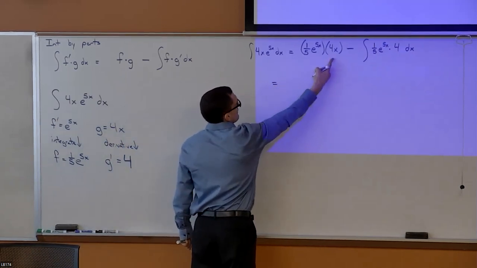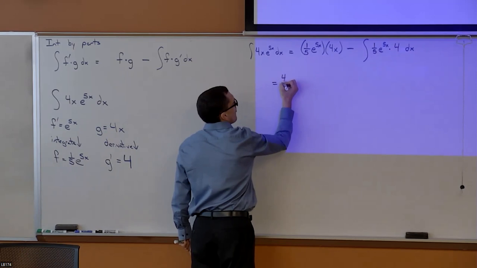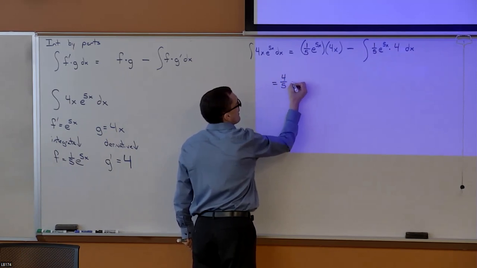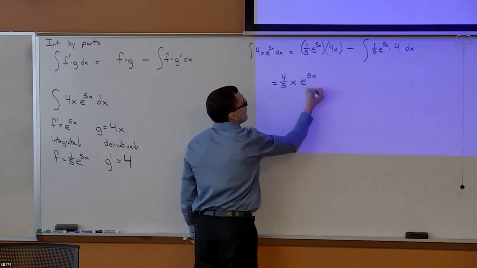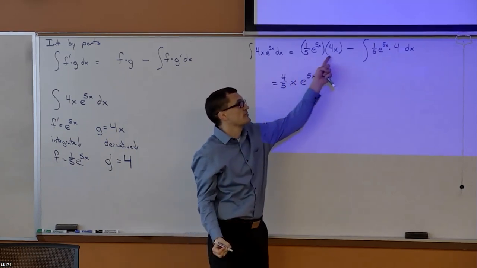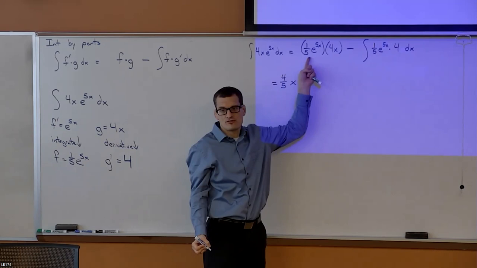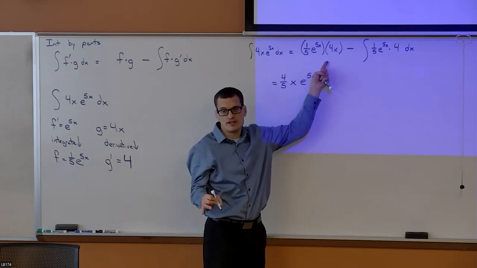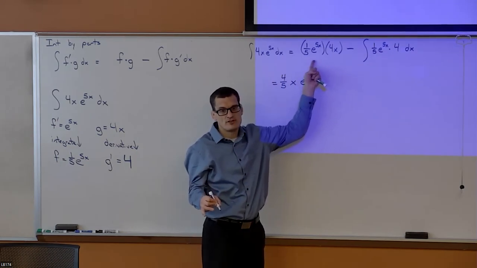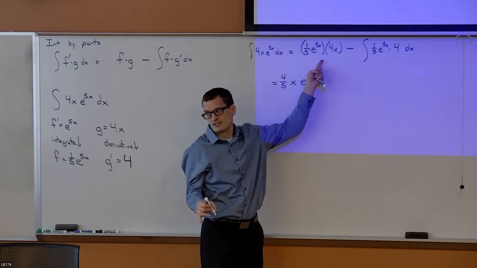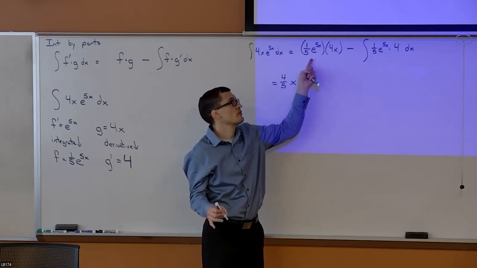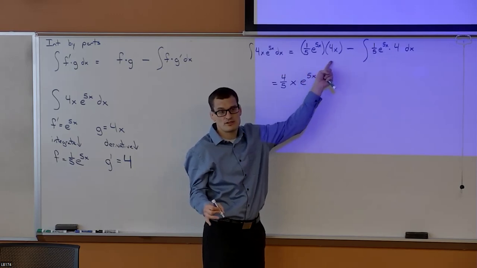I'm gonna do a little rewrite. Now remember, there's no integration in this part. Just f times g is just f times g. So there's nothing to do here other than maybe rewrite, make it look a little nicer. So there's no integration in this first part.